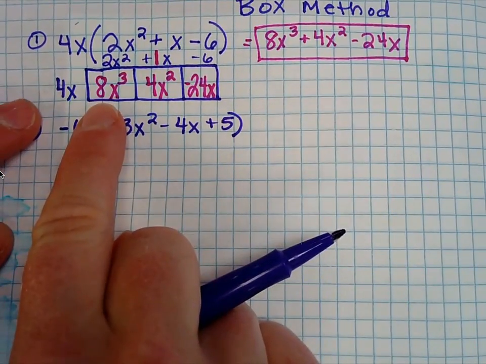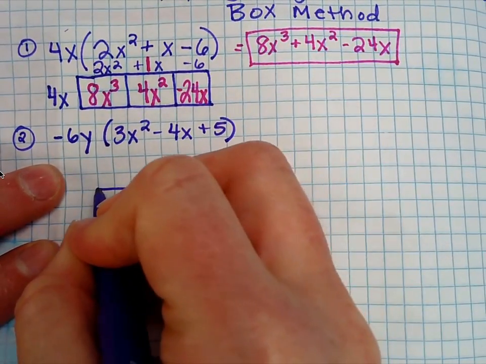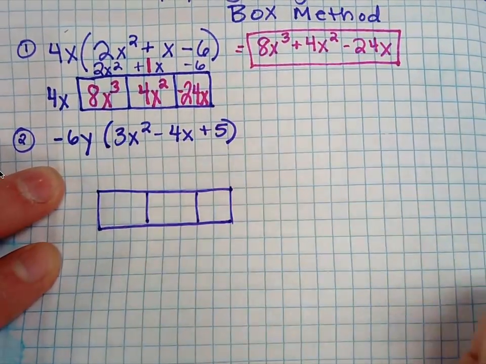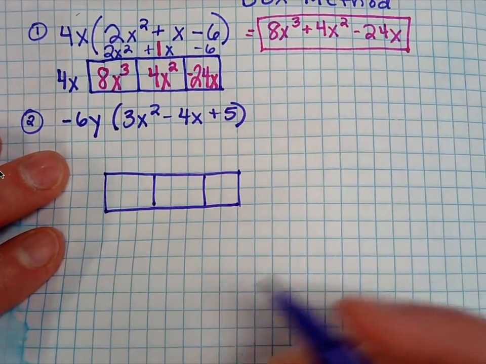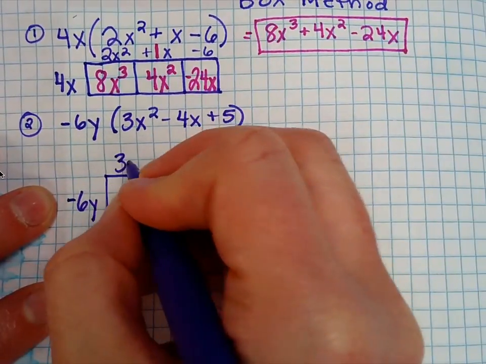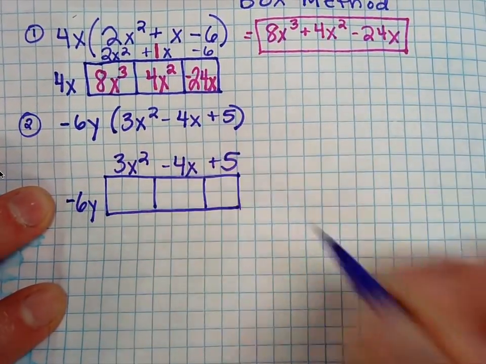I'm going to give myself a little bit more room. I didn't give myself much room on that one. I'm going to go a little further down. And I didn't make them even. It really doesn't matter. So negative 6y, 3x squared, minus 4x plus 5.